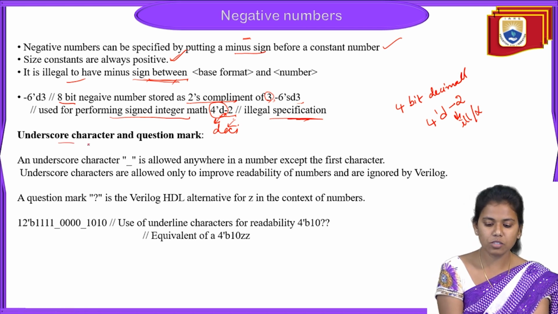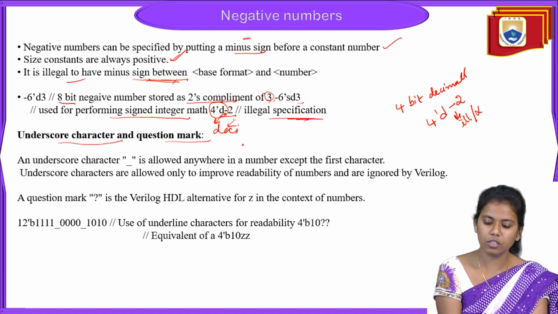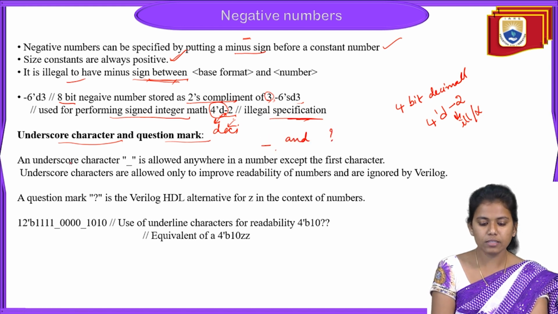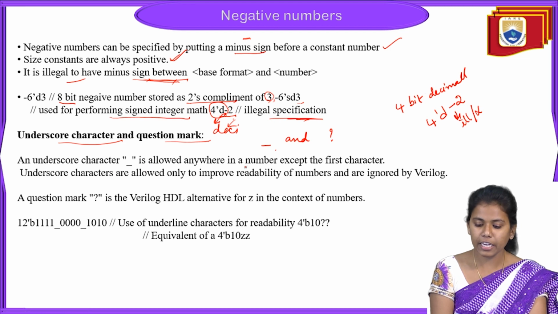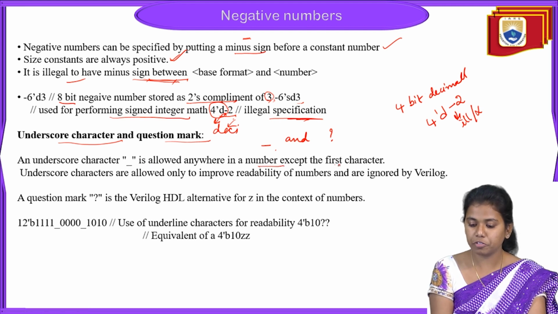Coming to the underscore character and the question mark. What do the underscore and question mark talk about? Underscore character is allowed anywhere in a number except the first character.